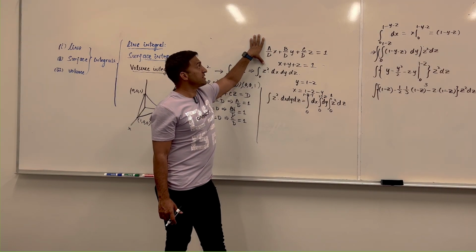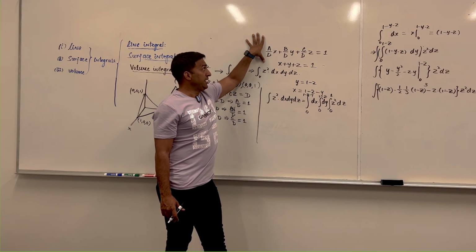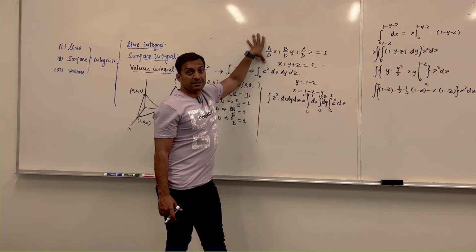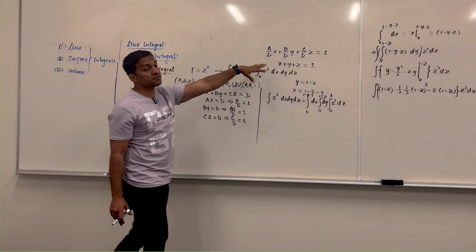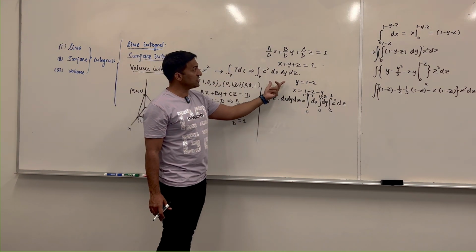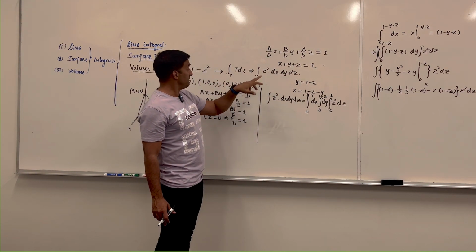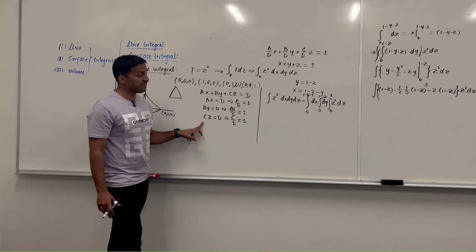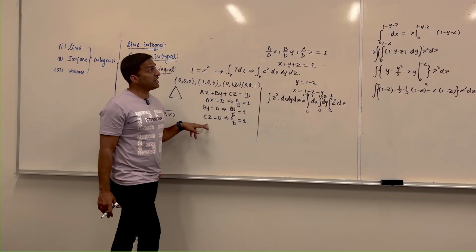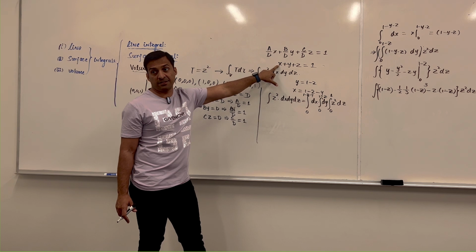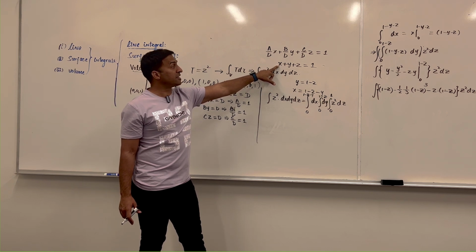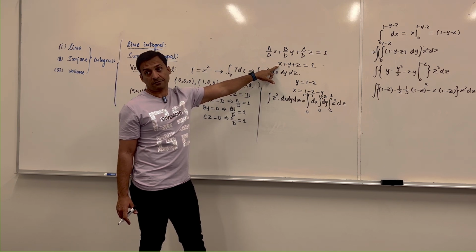This is the general formula, and then you substitute the values of these three points in this formula and find a relationship of a/d, b/d, and c/d. You use those values in this general equation and you find the relation between x, y, and z. In this relationship you find limits.